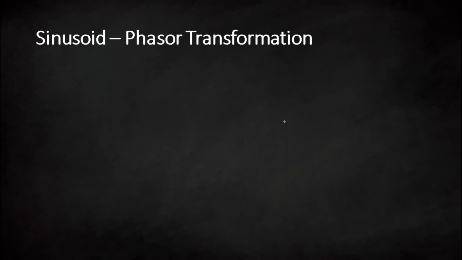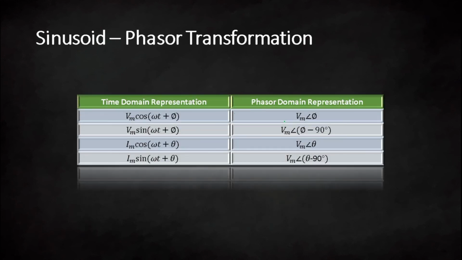Now, as far as the sinusoid to phasor transformation is concerned, any time domain representation can be converted into a phasor domain representation very easily, with a step by step process. If you are given Vm cos(omega t plus phi), you can easily convert it into the magnitude Vm and angle phi. If it is sin(omega t plus phi), the procedure is the same.